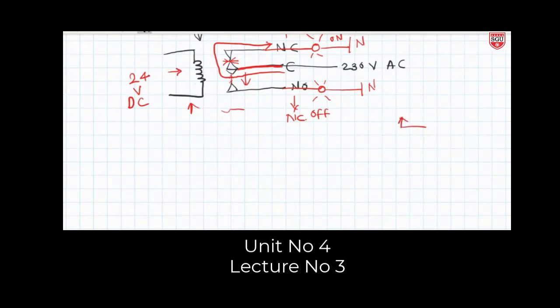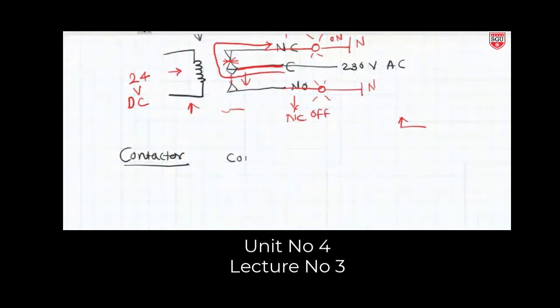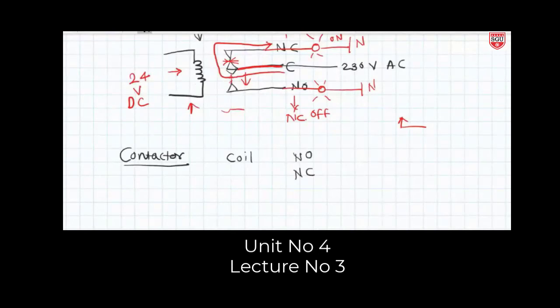Now its big brother, which is called a contactor. A contactor will also have a coil and NO and NC positions. But what is the difference between a contactor and a relay? The contactor coil is magnetized by 230 volt AC supply. That is the only difference.